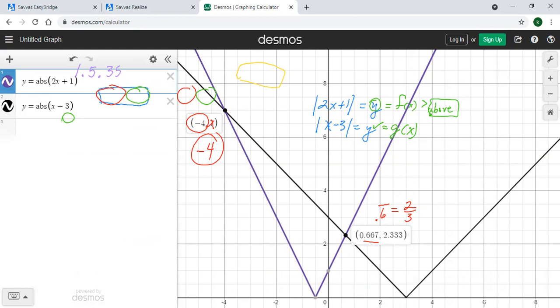What I'd really like is to have a highlighter. Don't know my tools in Desmos. That's going to make a big circle. I don't really want a big circle.